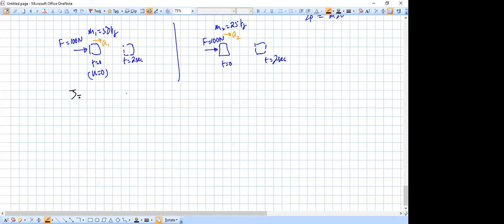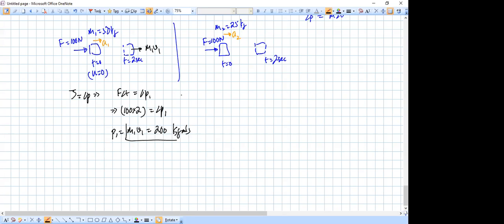When I apply this over here, F delta T is equal to change in momentum for the first one. So that is 100 into 2 is equal to delta P1. So whatever final momentum this has, which is M1 into V1, that will be 200 kg meter per second.